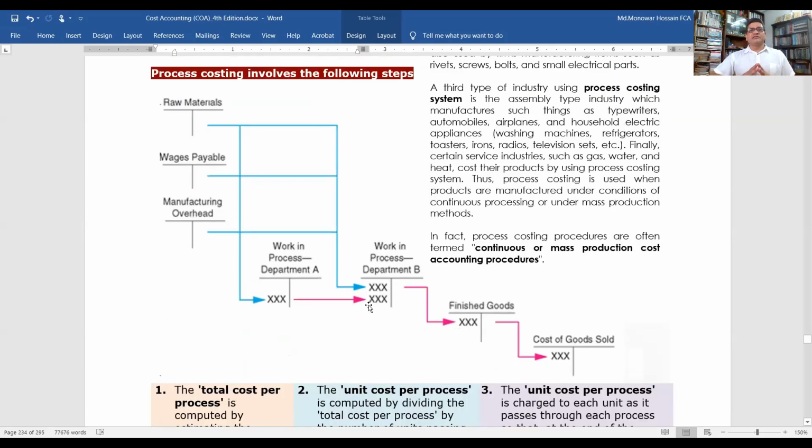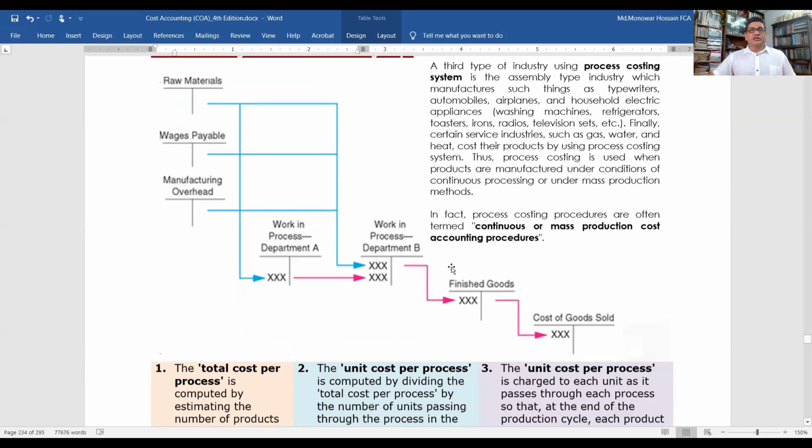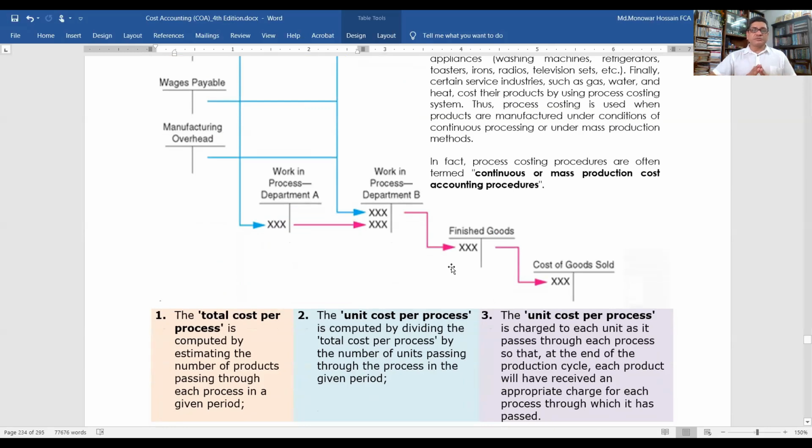Process costing involves three steps. The total cost per process is computed by estimating the number of production processes each product goes through in a given period. The unit cost per process is computed by dividing the total cost per process by the number of units passing through the process in the given period.